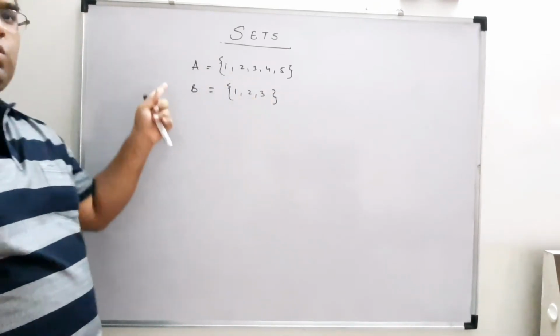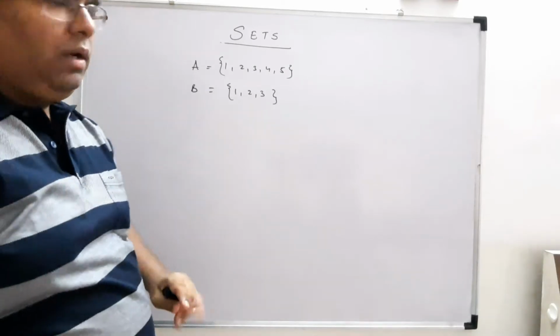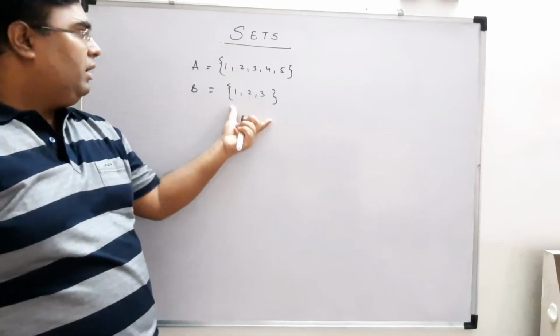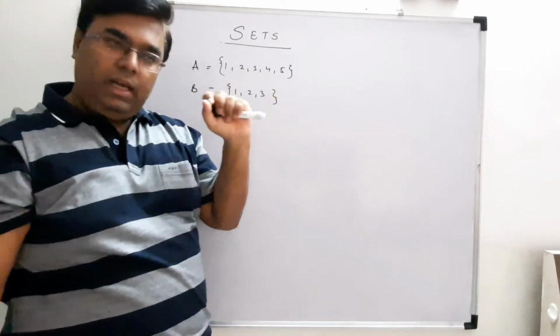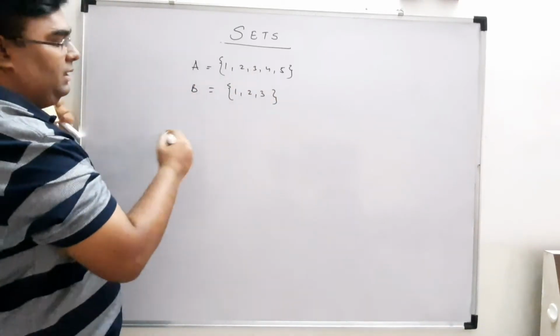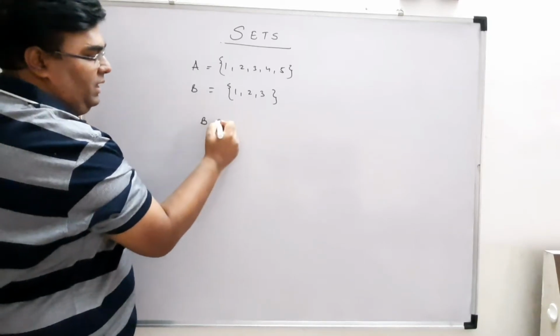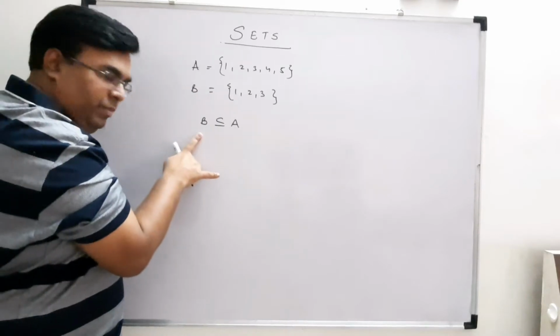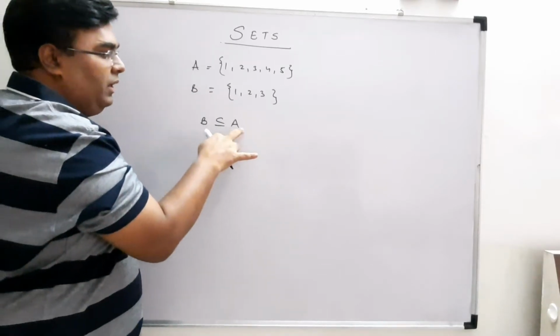Of course these two sets are not equal, but all the elements of B are also elements of A, and we know how to write this. So basically we can write that all the elements of B are also elements of A.